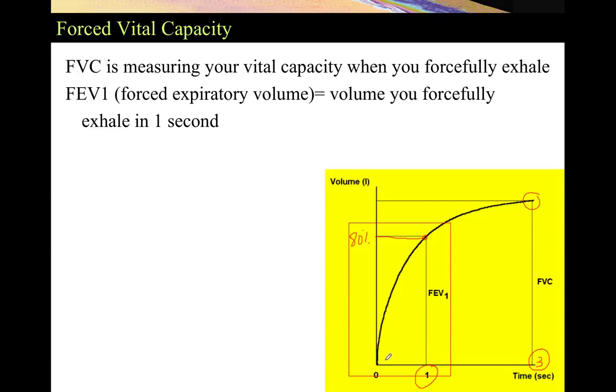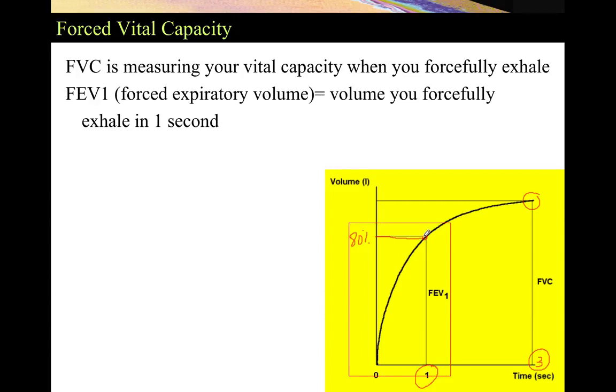So forced vital capacity, what you see here, is the amount of air you forcefully exhale. You should be able to get rid of all of the air in 3 seconds, but 80% of that air would be removed in the first second. So keep that in mind.